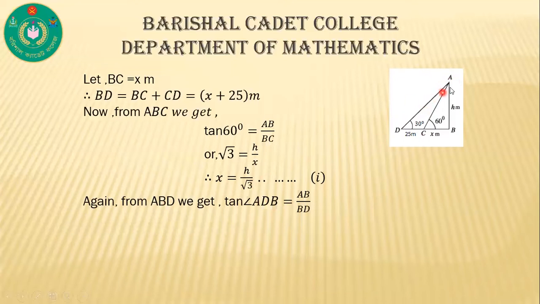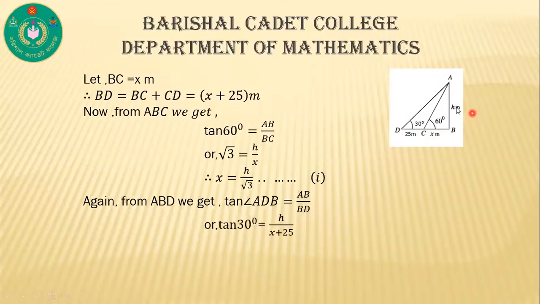Again from triangle ABD, we get tan angle ADB is equal to AB by BD, because we know tan theta is equal to perpendicular by base. Here perpendicular AB and base BD.